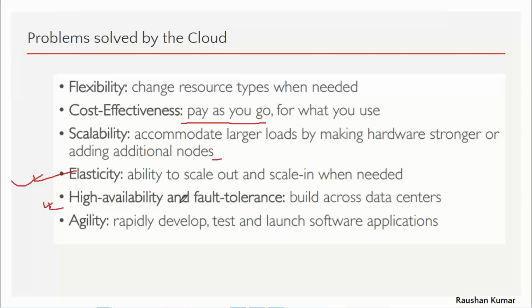You deploy your application in multiple AZs, multiple availability zones, multiple data centers. We'll talk about how you do that, how you make sure your application is highly available, durable, fault tolerant. We have the best pillars of architecture. So these are all the problems solved by the cloud.